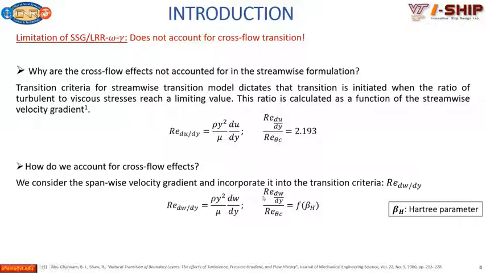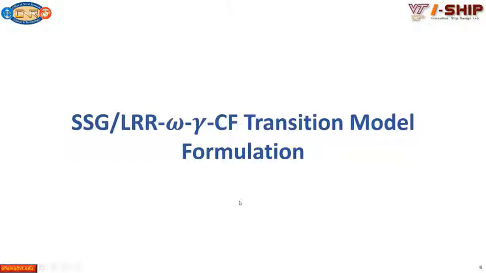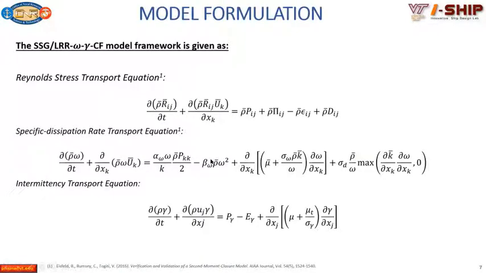So now that we know why we need cross-flow transition, let's look at how the transition model is formulated. The cross-flow and the stream-wise transition model frameworks for the SSG LRR omega gamma model are pretty much the same. It includes the Reynolds stress transport equation, the specific dissipation rate transport equation, and the intermittency transport equation.